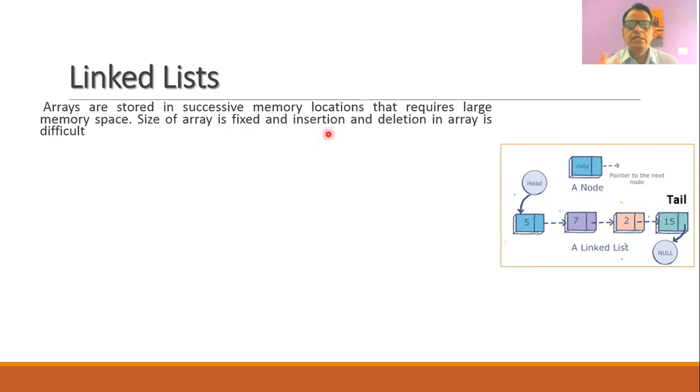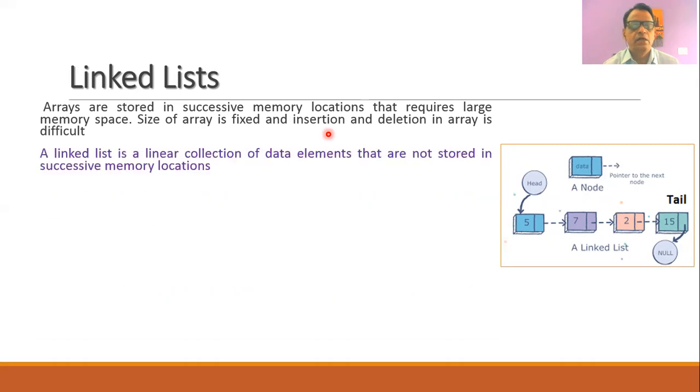Also, since the size of the array is fixed and the elements are stored in successive memory locations, the insertion and deletion of an element from the array is not easy. Because if you want to insert an element, then you need to create a space, and if you want to delete an element, then you need to fill that space. So these are the limitations of the linear array data structure.